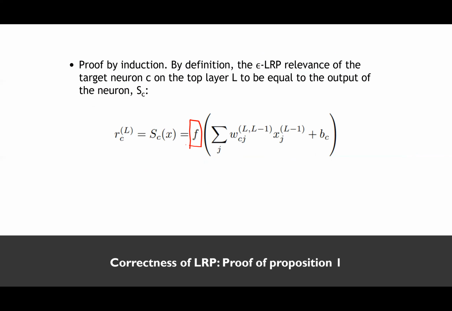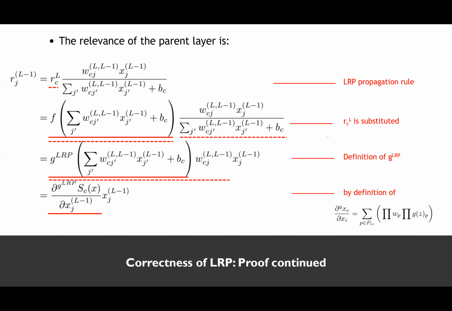The summation to the C class takes the value from j to C, where this is a weight from the previous layer, and we are multiplying all the possible values in the previous layer, xj, and the bias. So by this definition, we just rewrite it with the activation function. So we can apply this in the last layer.